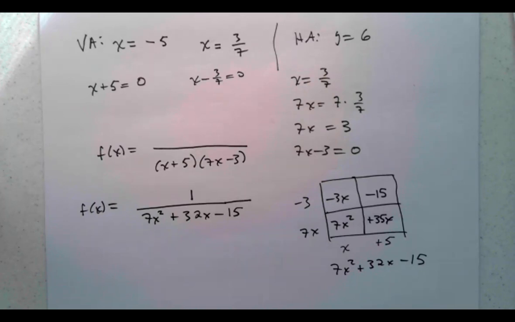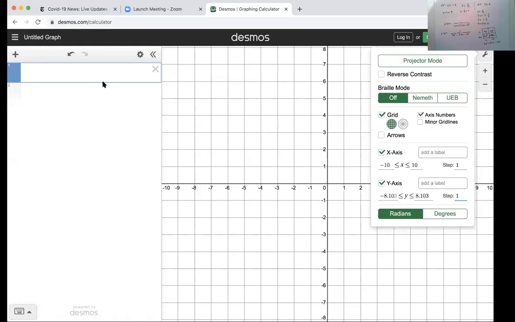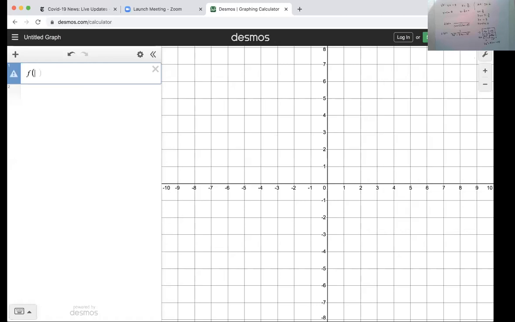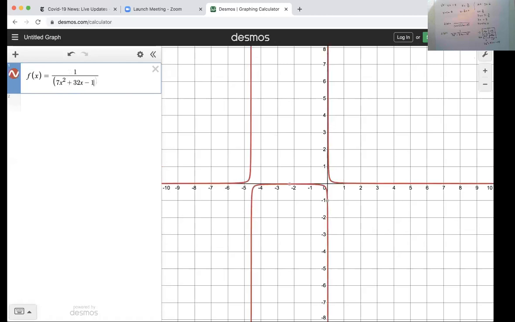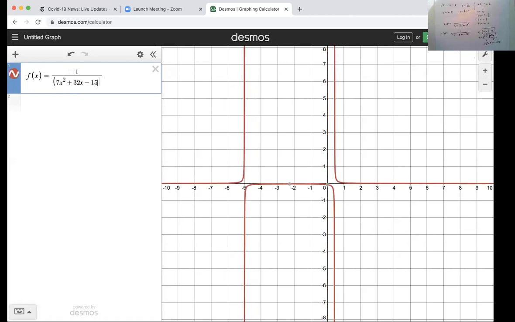So let's go to Desmos and see what that function looks like. So currently, if I have this function, f of x equals 1 divided by 7x squared plus 32x minus 15, we hope we see vertical asymptotes at x equals -5. Do we see that? It looks that way.